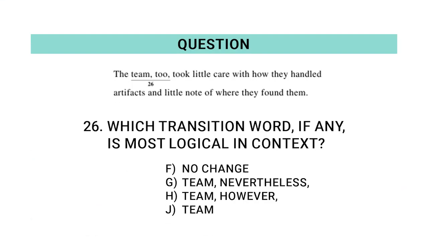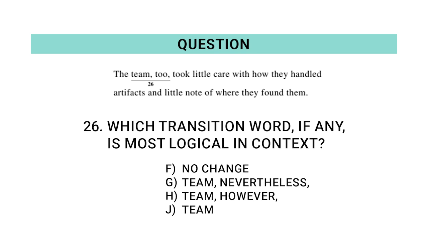The transition word "to" implies that there was another team of divers that took little care of artifacts they discovered, but we haven't read anything about another team of divers. The transition word "nevertheless" means that the information we're about to read happens despite the previous statement. It shows that the two sentences discuss conflicting information.